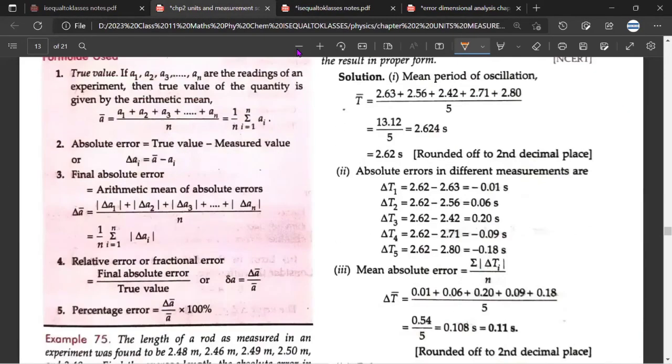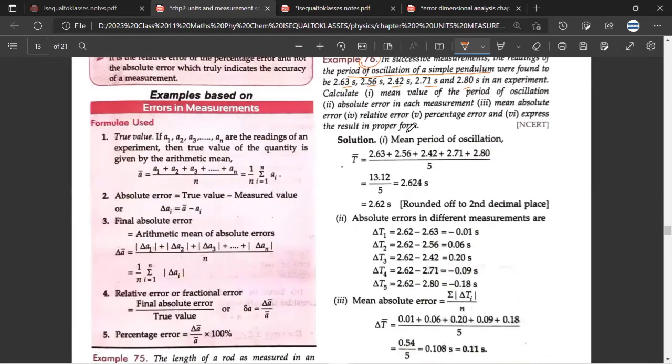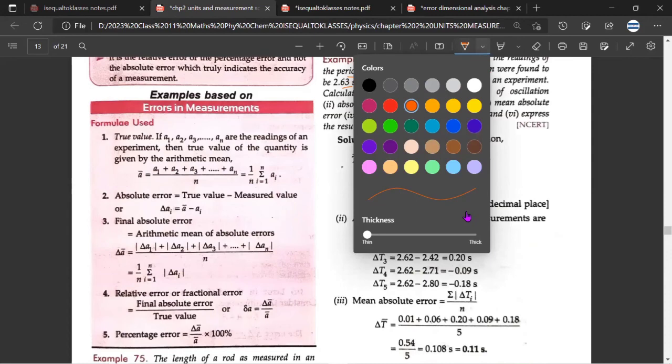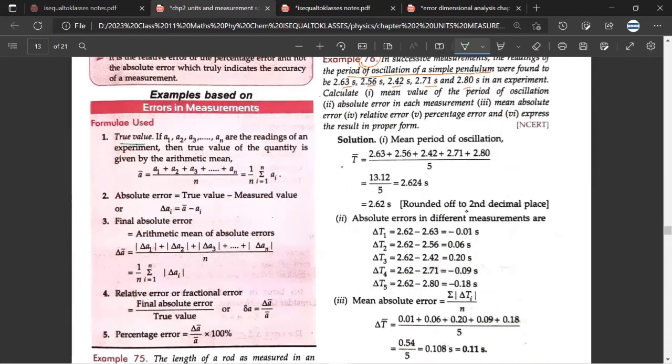So if on one page I want to see the things that I am using: the first mean value that I have calculated is called the true value. Then the absolute errors of each of the individual values, where there should be a modulus sign outside. Then I take the mean of whatever I got in step number 2.